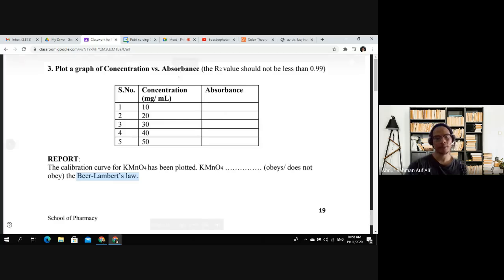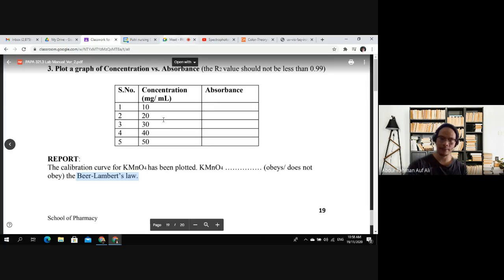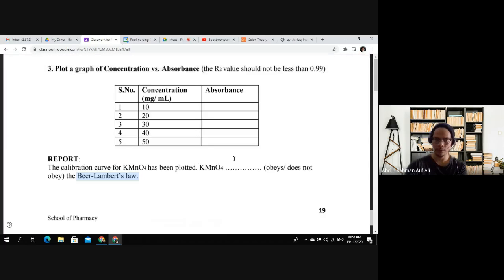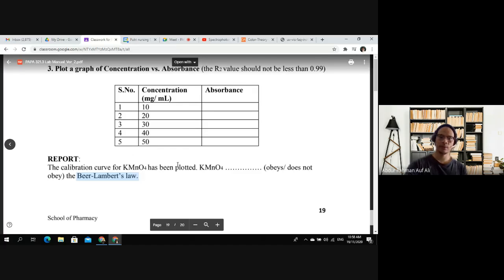If it is curved, whether curving upward or downward, or scattered, that means something is wrong. Either your preparation of the solution is incorrect, or your instrument needs to be calibrated and corrected.